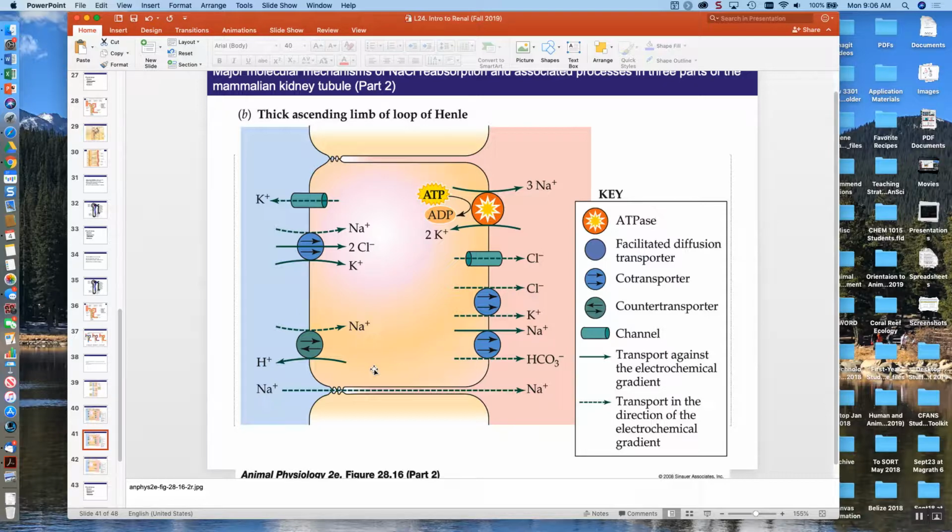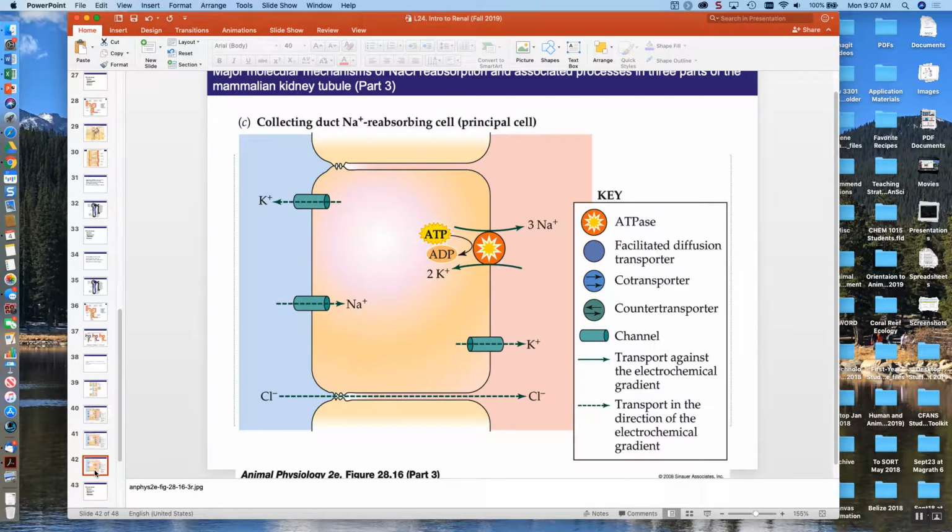But if there's no aquaporin channels, there's no way for water to leave. But can it get into the interstitial, like the membrane? No, it can't even get into the interstitial fluid compartment. Good question. It stays in the nephron.